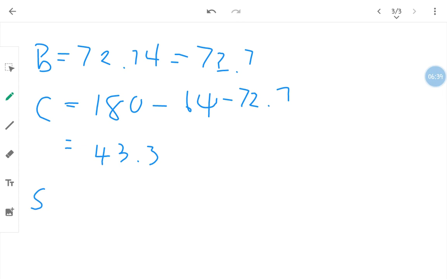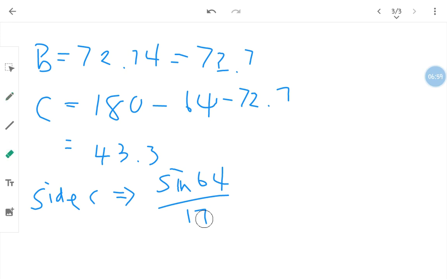How can we get our side C? I told you that we are going to use the given information to set up our ratio so that you are not going to be off in your answer. So let's use it again. Sine 64 over 16 is the same as sine 43.3 over what?